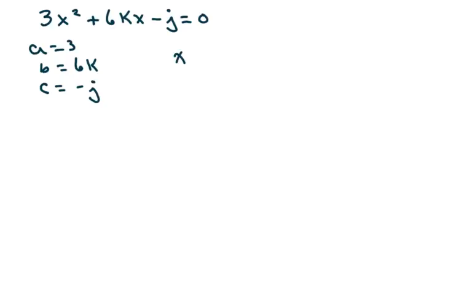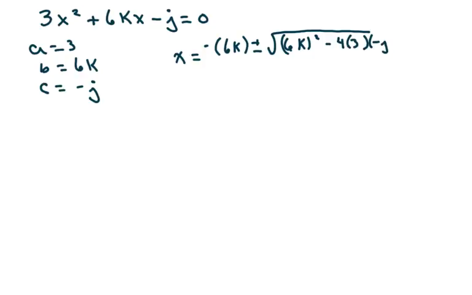So you have x equals negative 6k plus or minus the square root of 6k squared minus 4 times 3 times negative j, all over 2 times 3.